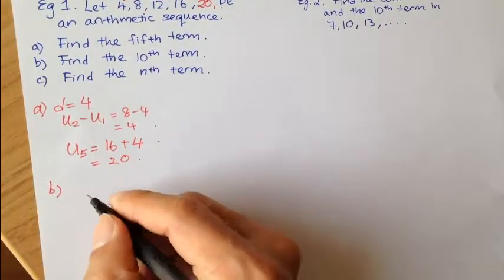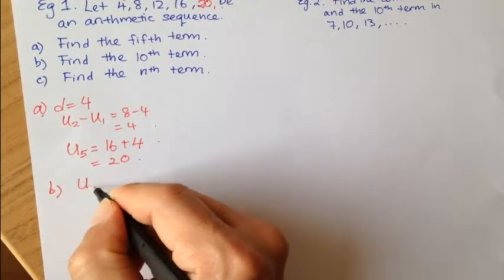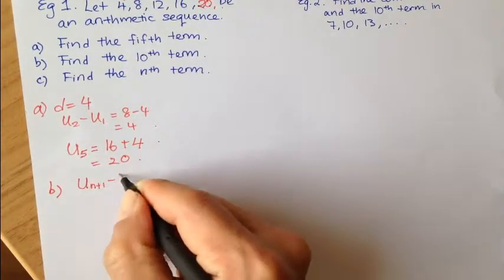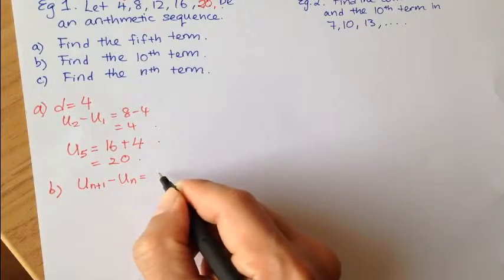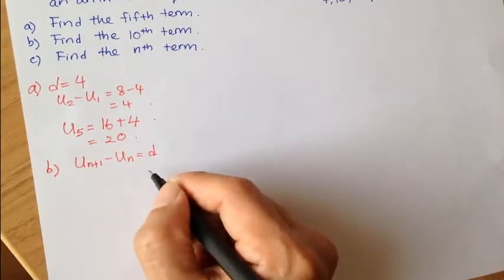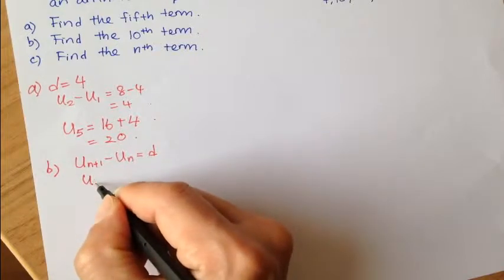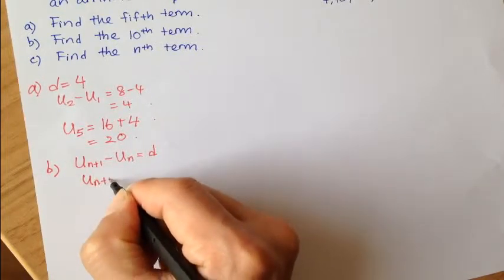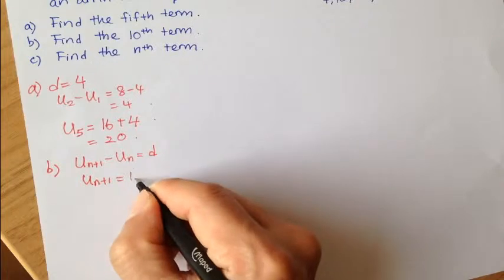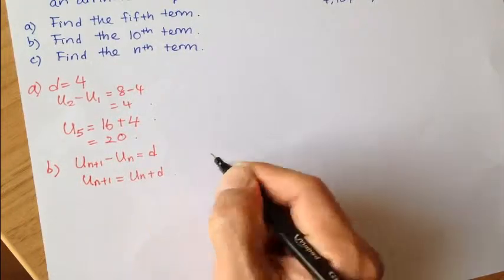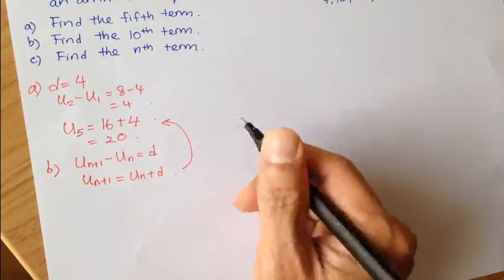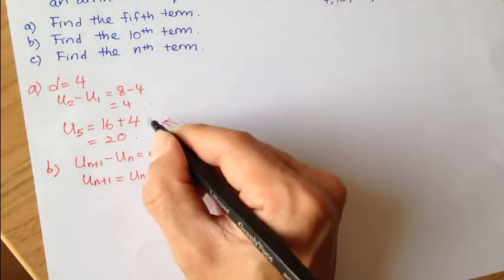How about the 10th term? Well, the formula that we had before was un plus 1 minus un is equal to D. Therefore, it must be the case that un plus 1 is equal to un plus D. In fact, this is being used here. Notice that 16 is actually U4.